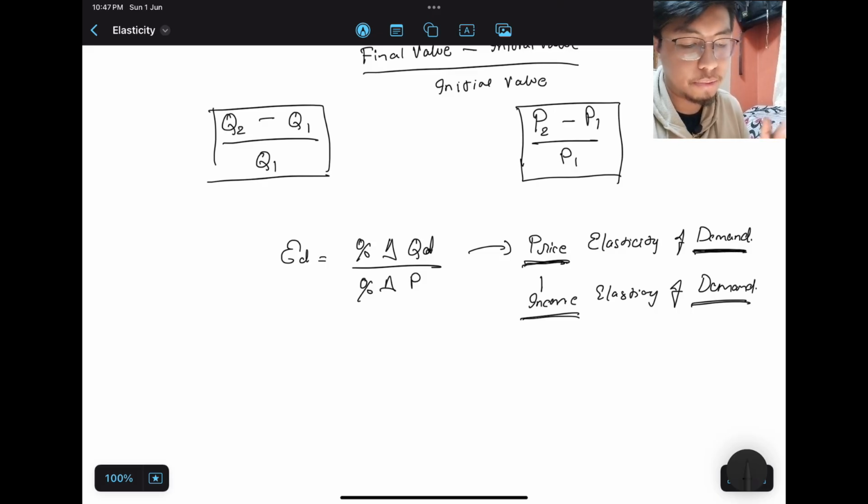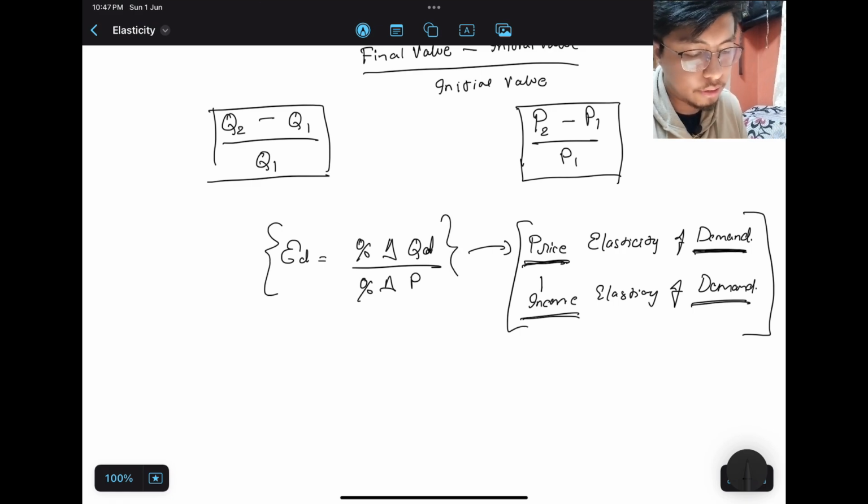Or percentage change in quantity demanded upon percentage change in income, that is your income elasticity of demand, or price elasticity of demand. You can play around with those definitions that way. So this is the percentage method. We'll do a short numerical for you to better grasp this topic.